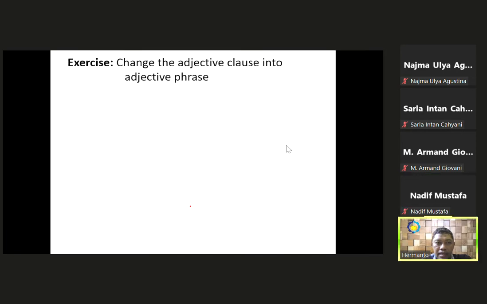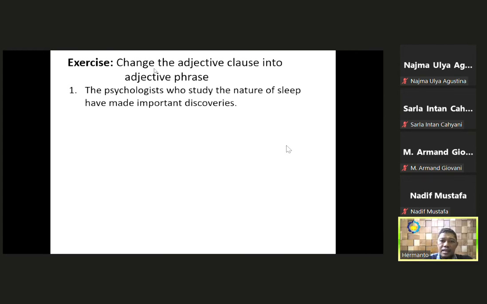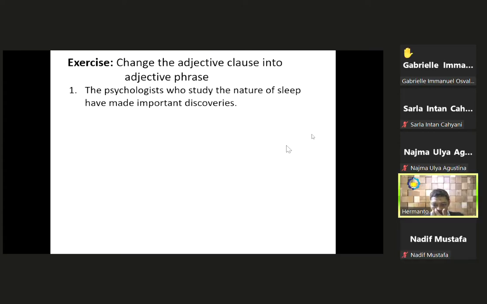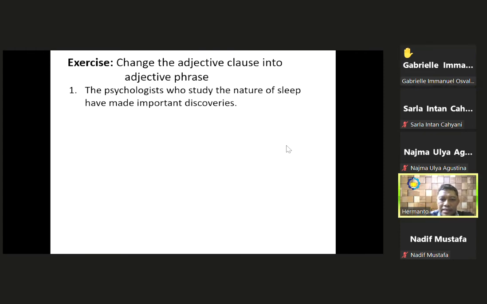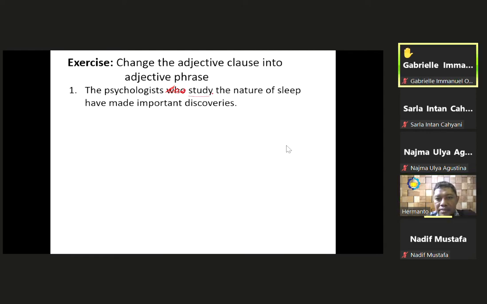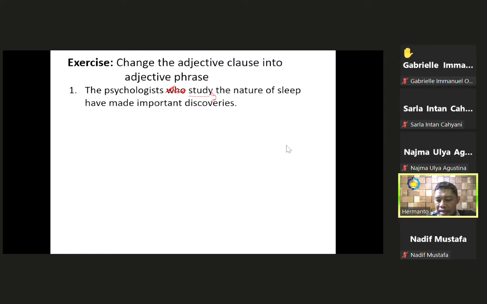Okay, now let's continue to the exercise. Change the adjective clause into an adjective phrase. Anybody, please? Yes, Gabriel. The psychologists studying the nature of sleep have made important discoveries. Okay, thank you, Gabriel. So what you do is remove who, and you change study to studying.